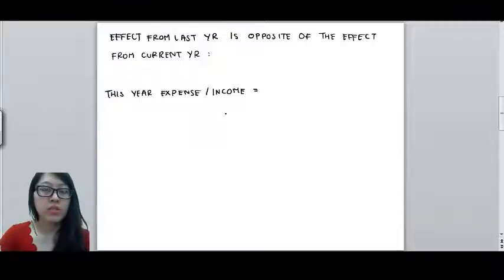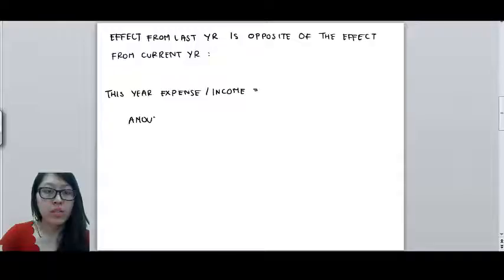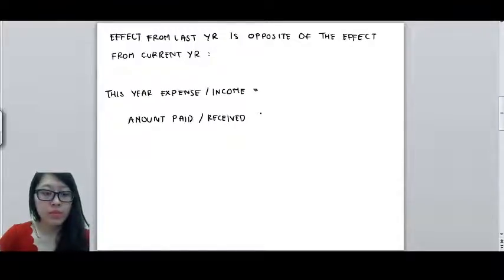How do we find this year's total expense or total income? We take how much was paid in cash, or if we're talking about income, then it should be received in the current year, and any prepayments that were made for next year should be deducted.